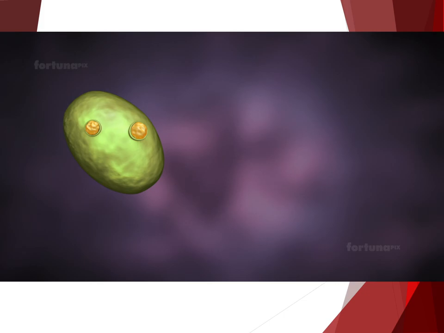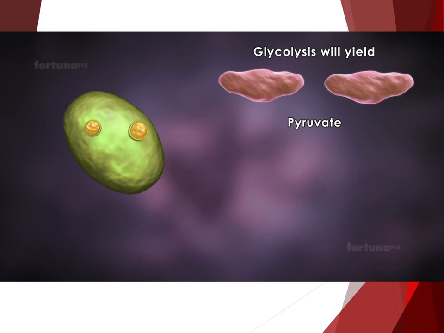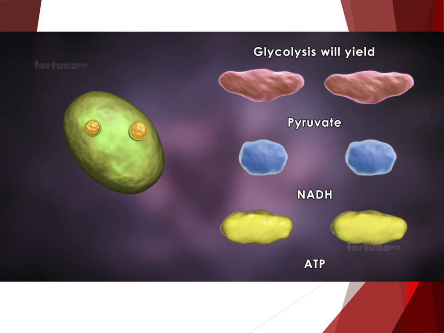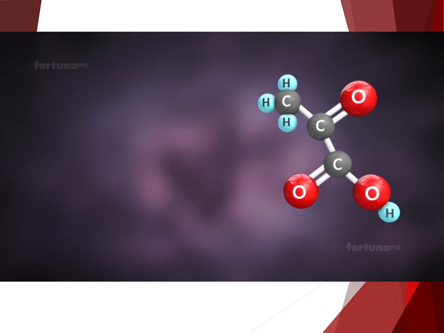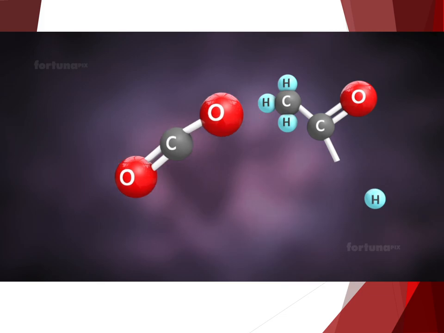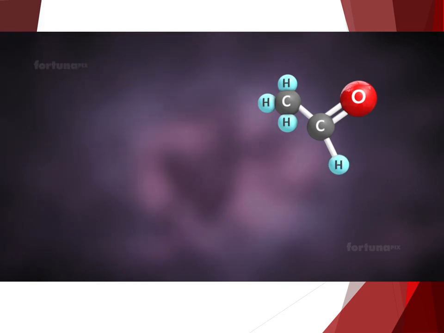Glycolysis, which is the first stage of cellular respiration, happens normally and will yield 2 pyruvate, 2 NADH, and 2 ATP molecules. During alcoholic fermentation, the pyruvate formed by glycolysis will lose 1 carbon in the form of carbon dioxide, forming acetaldehyde.